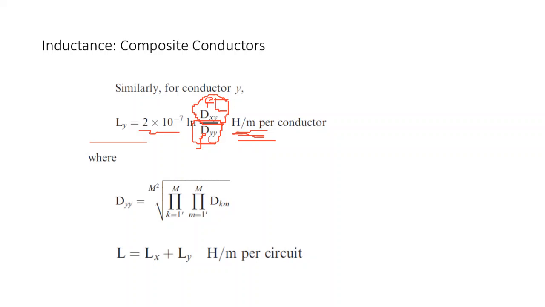So this is per conductor, as you can see, Henry per meter. Therefore, if this is 1 kilometer long, I need to multiply by 1,000 to get the total inductance of the conductor. That is the inductance you put in the software, the Powerworld simulator, for the conductor.